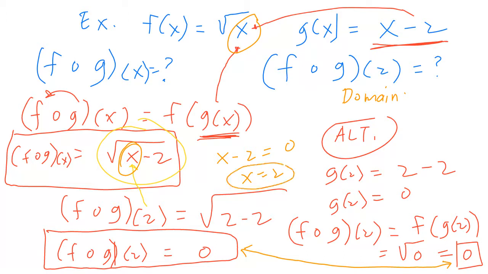And you can assign 3, you can assign 4, still defined. But if you assign 1 for x, try that: 1 minus 2 is negative 1, which is imaginary. So the domain, including the value, would be 2 going to infinity.